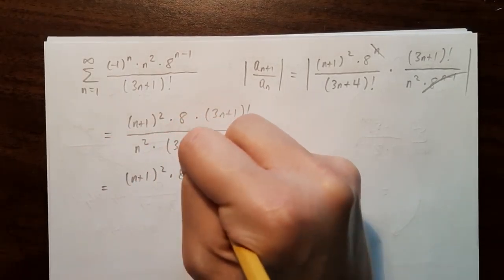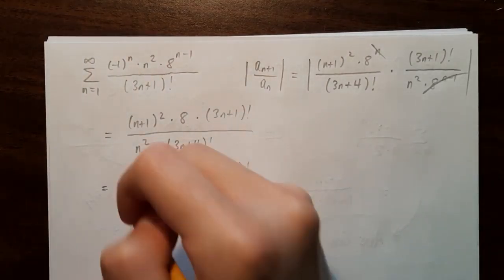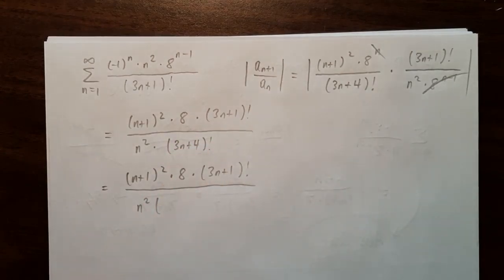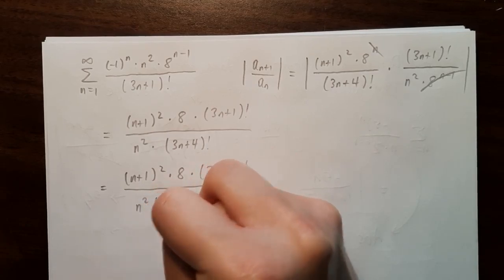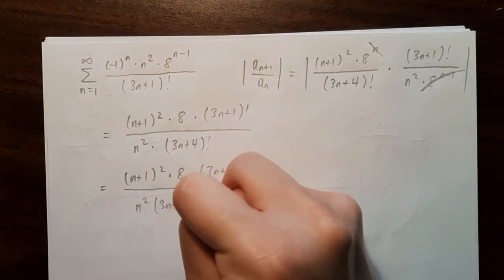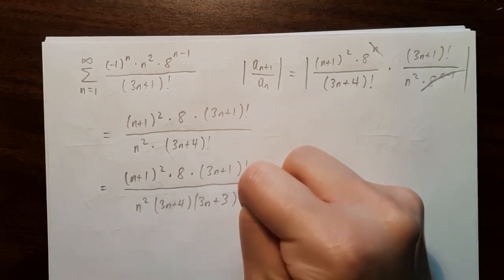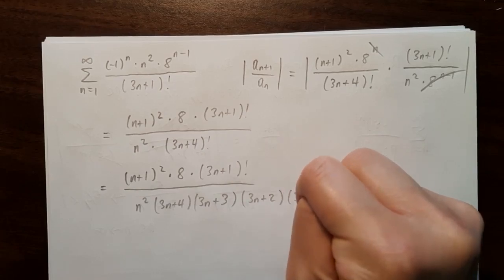So I'm just going to copy the numerator real quick. And downstairs, let me write down the factorial as a product. So that's going to be 3n plus 4 times the next one down, which is 3n plus 3, times the next one down, which is 3n plus 2, and then one more, times 3n plus 1.